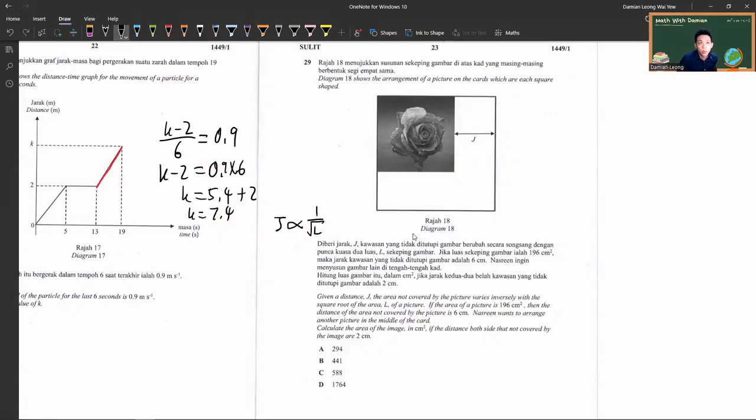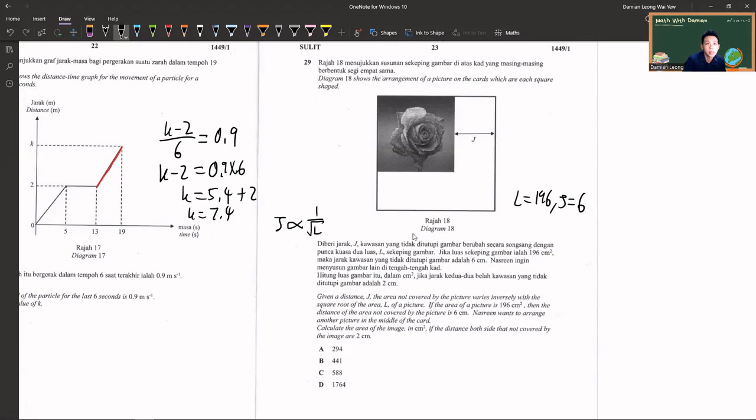Okay. Jika luas sekeping gambar ialah 196 cm square, maka jarak yang tidak ditutupi gambar ialah 6 cm. So L equals 196, J equals 6. Nasrin ingin menyusun gambar lain di tengah-tengah kad. Hitung luas gambar itu dalam cm square jika jarak kedua-dua belah kawasan yang tidak ditutupi gambar ialah 2 cm.